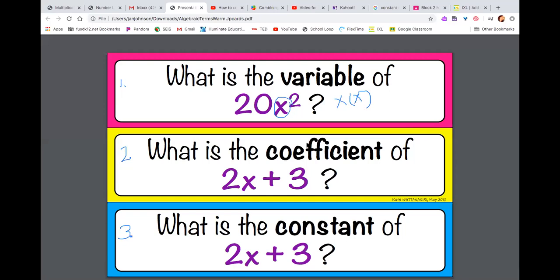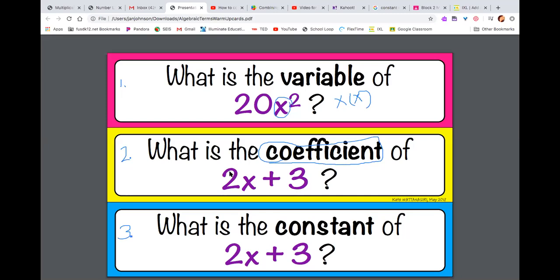Let's see. Going down to the next one. It says, what is the coefficient? So we have 2 times x plus 3. What would the coefficient be for the yellow one? And we were talking about this word yesterday a lot, right?